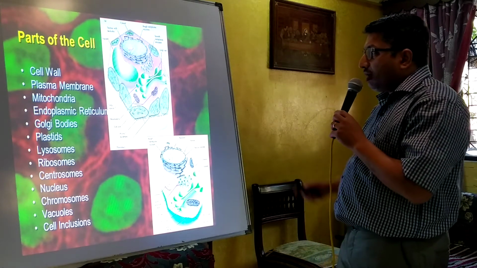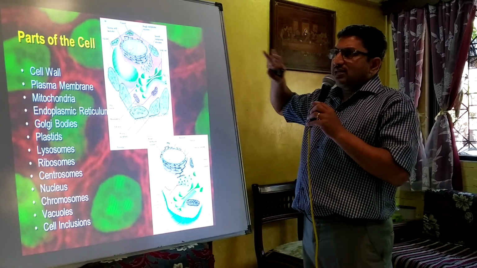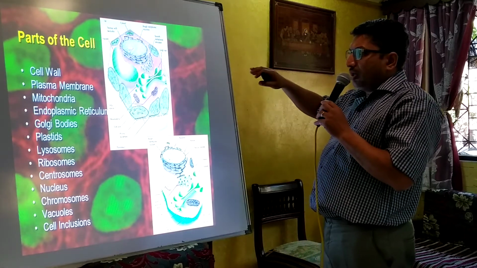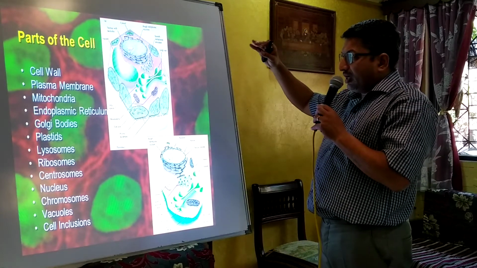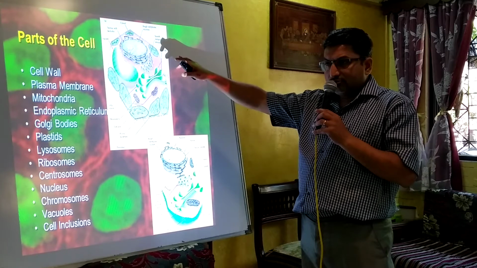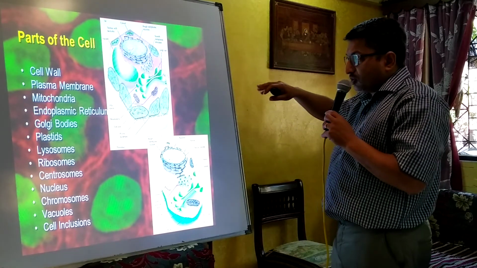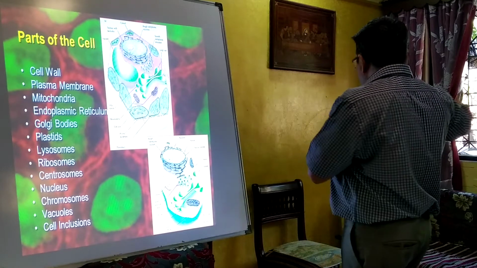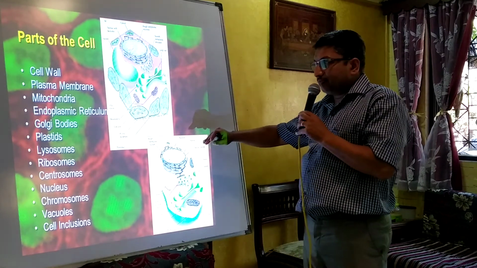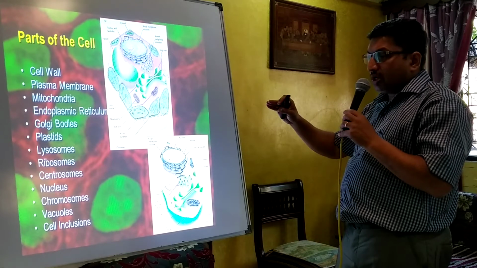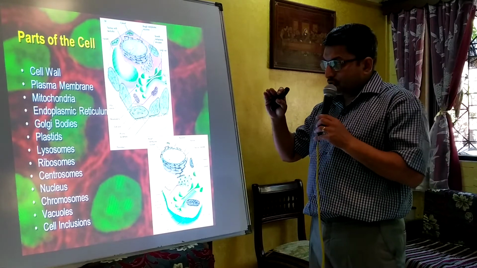Let's have a look at the different parts of the cell. To begin with, we have the cell wall, that is in the plant cell. Cell membrane or plasma membrane, which is present in both the plant cell as well as the animal cell. Mitochondria, which is the powerhouse.